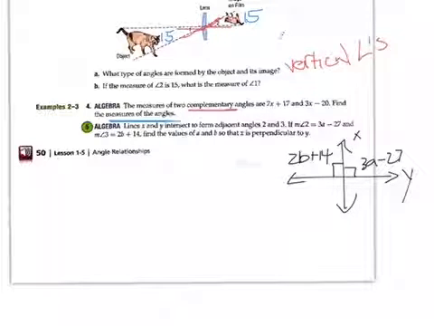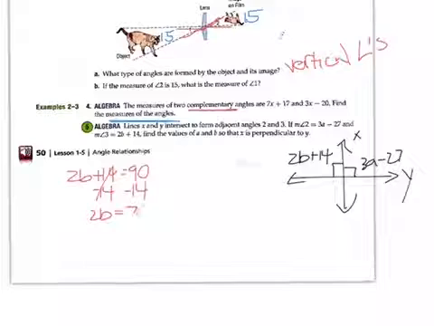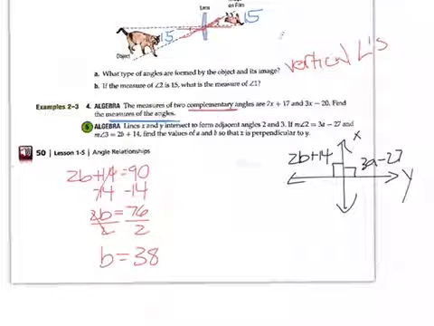Well, since they're perpendicular, we know that makes 90-degree angles. So I'd have 2b plus 14 equals 90. Subtract 14. 2b is 76. Divide by 2. So you get b is 38.